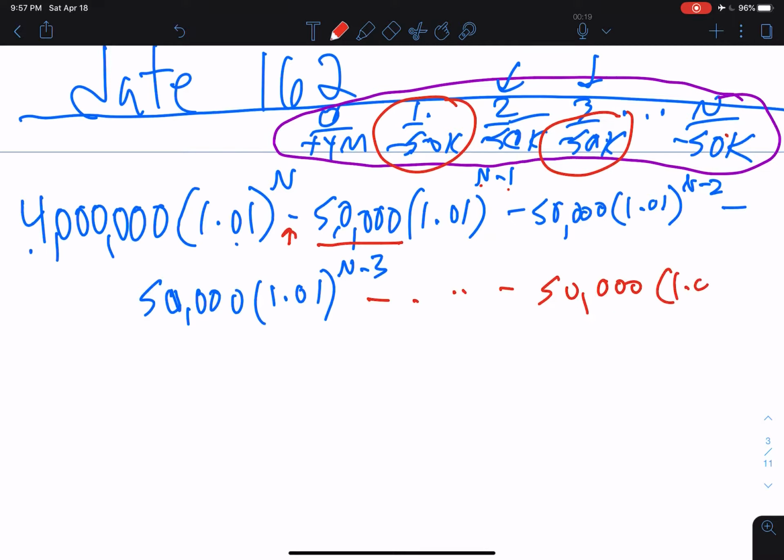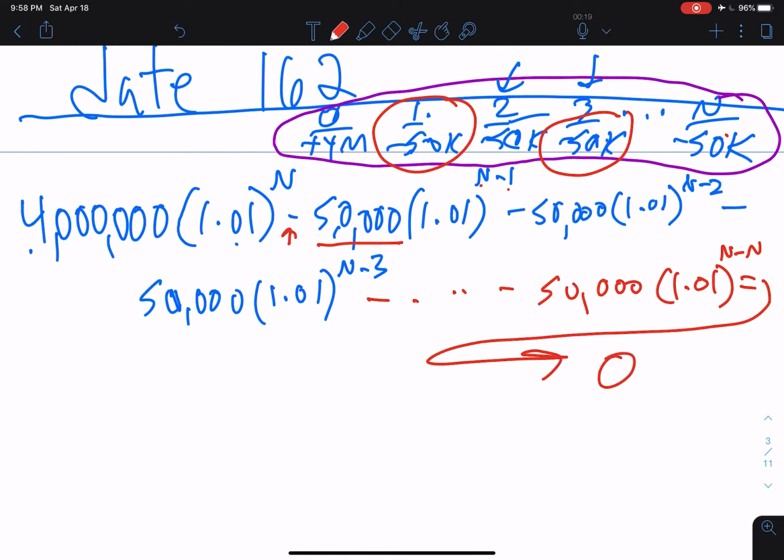That will not earn interest at a rate of 1% for n minus n months. And of course that's 0. Okay? And then all of this has to equal what? Well, it has to equal 0. Oh, that's an interesting way of looking at it.